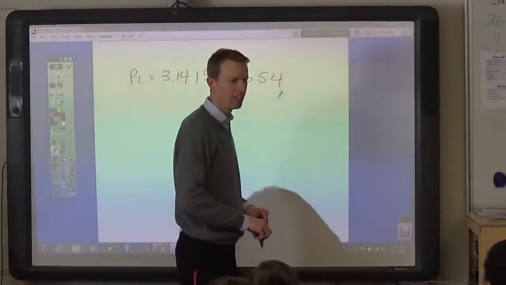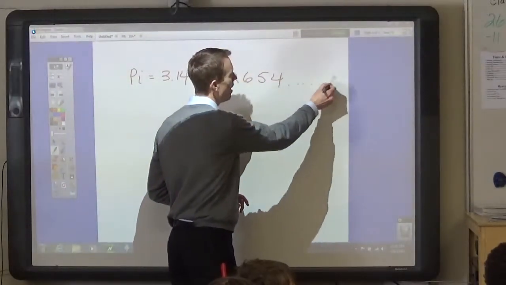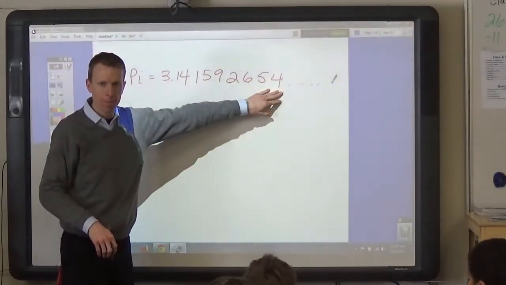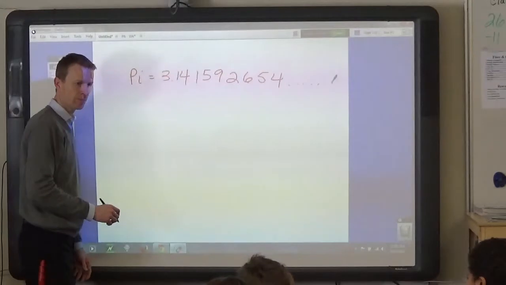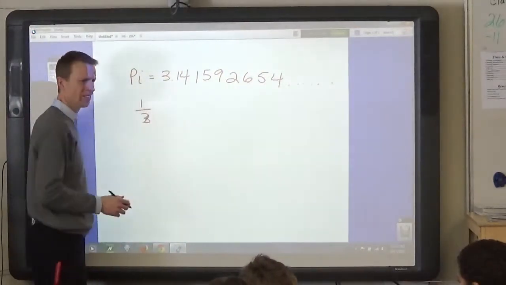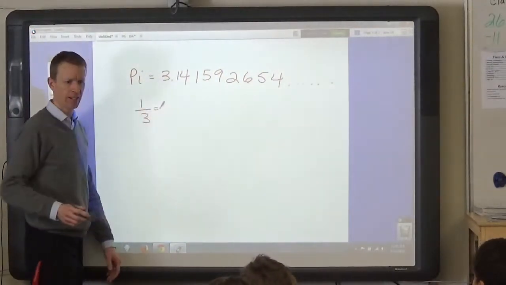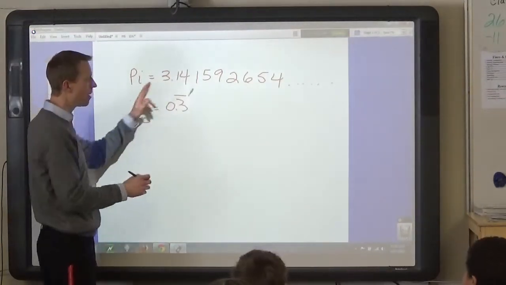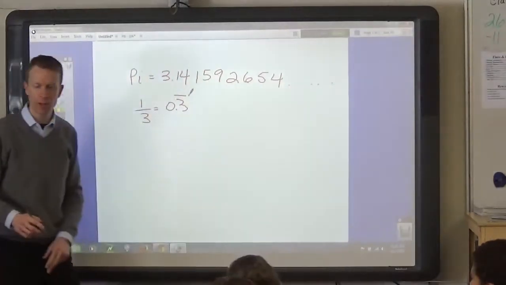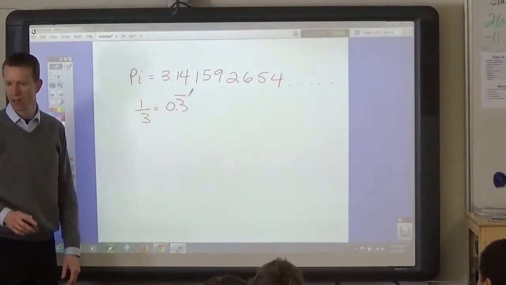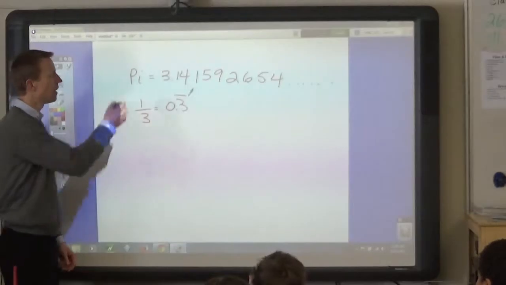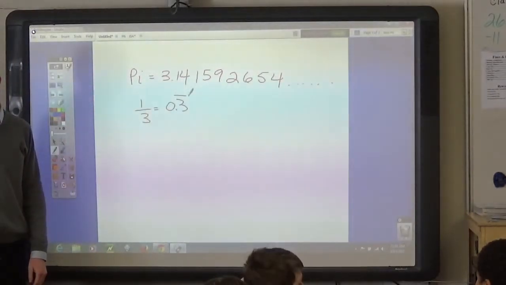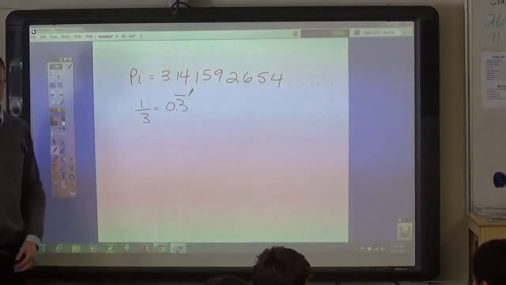That's all that shows up, right? Yep. And it goes on and on, and there's no repeating pattern. 1/3 is a repeating decimal, isn't it? This is 0.3 repeating. This is a number that goes on and on but does not repeat. Okay? So this is an example of an irrational number.